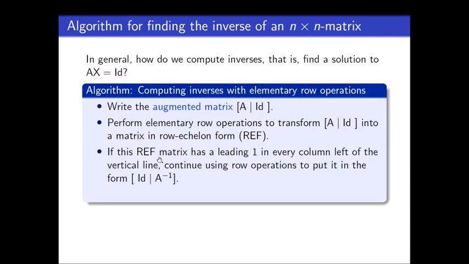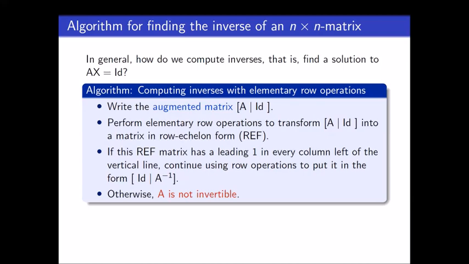If this row echelon form has a leading one in every column left of the vertical line, we continue using row operations to further put it in the form identity, A inverse. In other words, we have to keep using row operations to convert this A eventually into an identity, and whatever matrix we have on the right side of the separator line would be our A inverse.